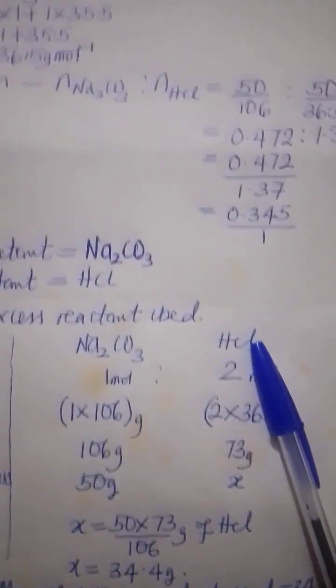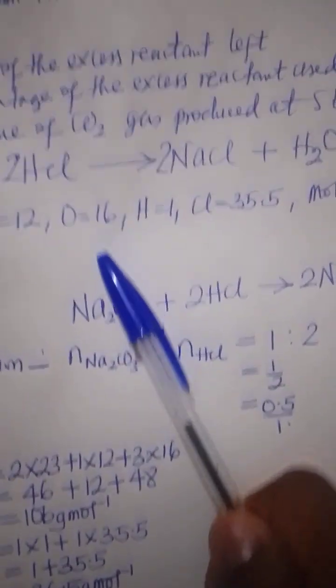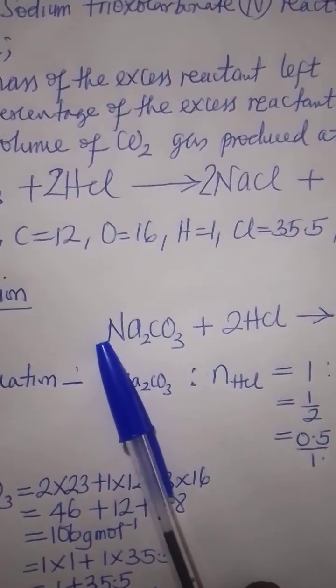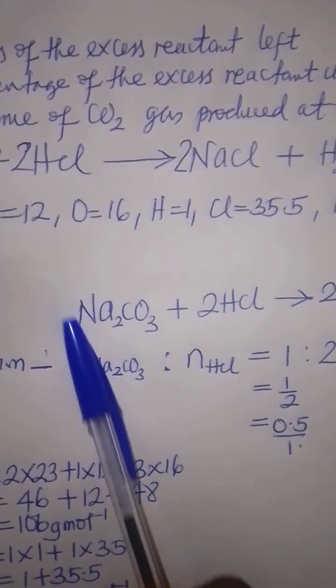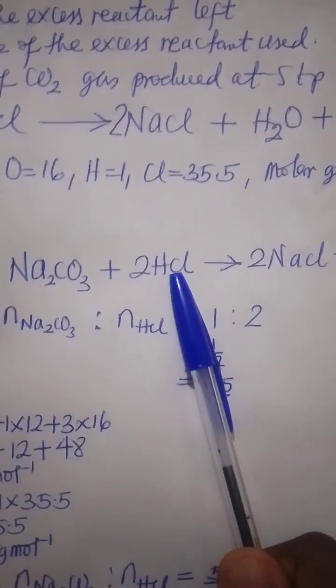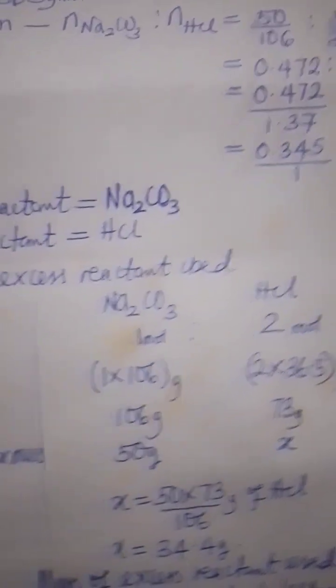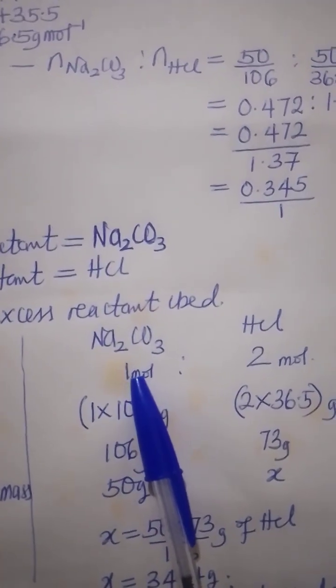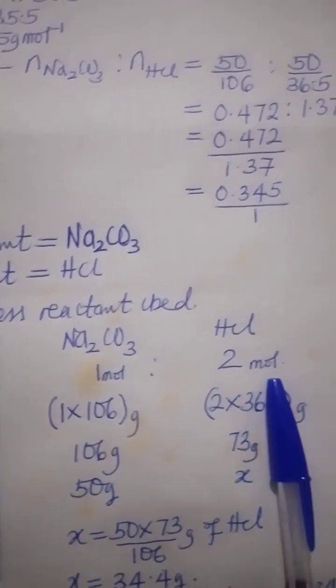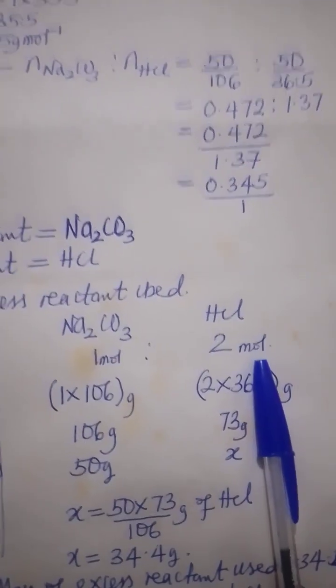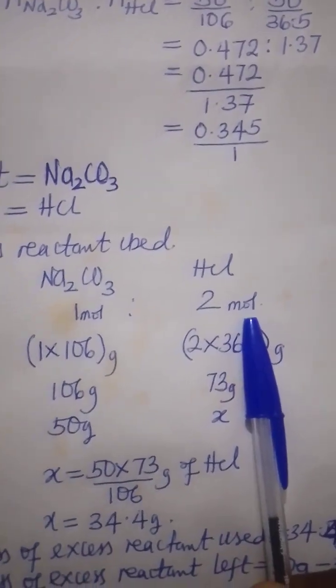Using the equation of reaction again, you will see the stoichiometric coefficient of sodium trioxocarbonate 4 is 1, that of HCl is 2. So we can come here and say 1 mole for Na2CO3 and 2 moles of HCl from the equation.